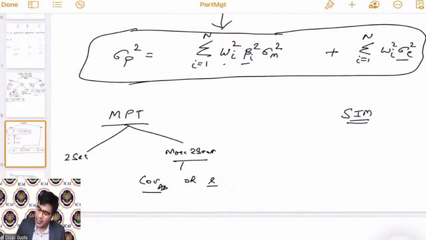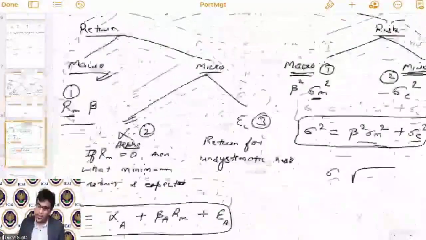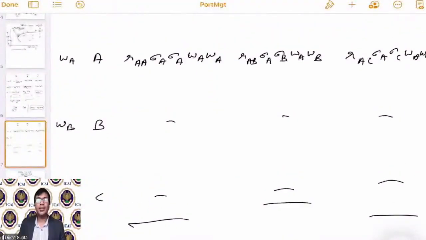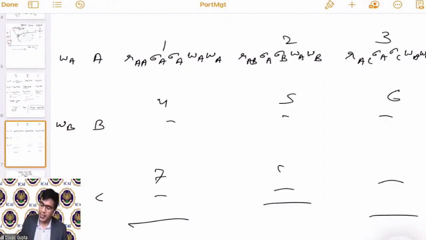Single index model is relatively very simple because you have to deal with a lot fewer variables. But modern portfolio theory, on the other hand, has a lot of variable calculations, which involve covariance and correlation coefficient for the total number of securities that we have. Now you would have seen in this just the matrix approach that we have solved. For calculating the three securities portfolio risk, you have to do calculation 9 times, right? 1, 2, 3, 4, 5, 6, 7, 8, 9.